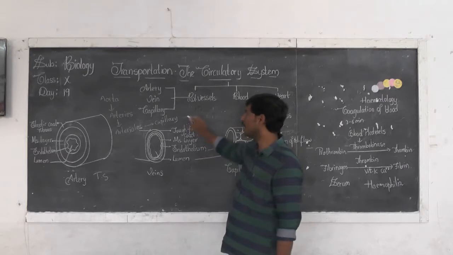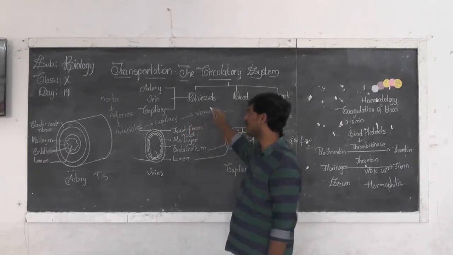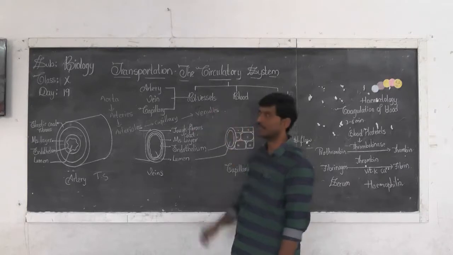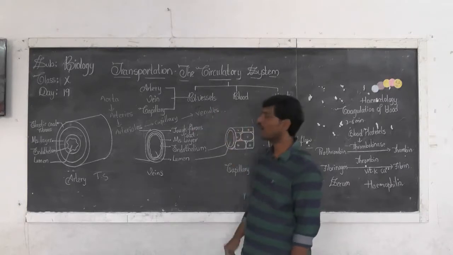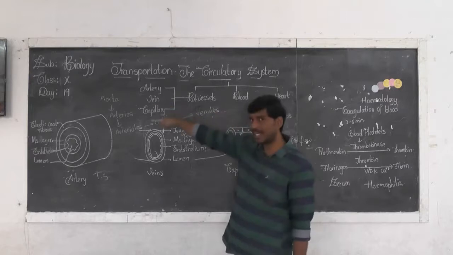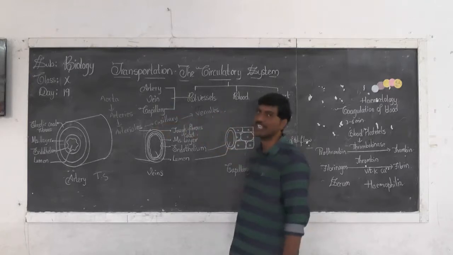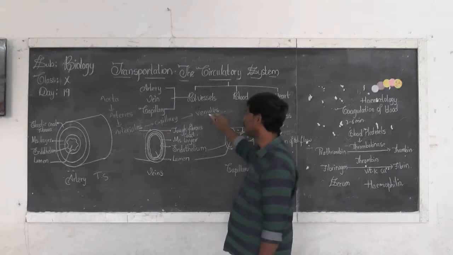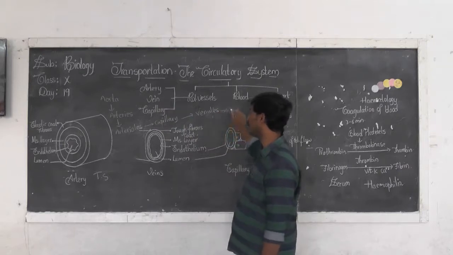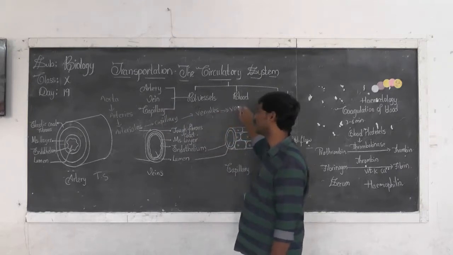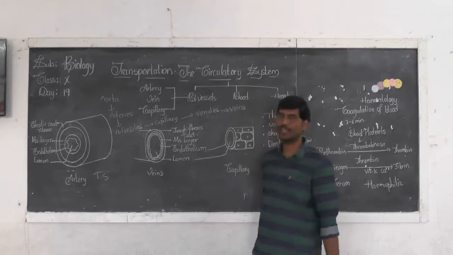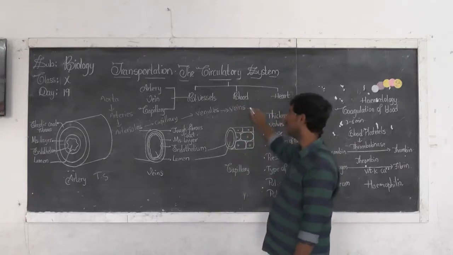From capillaries, the blood vessels called venules are present. Here they are dividing, here they are joining. Venules join together to form veins, and many veins join to form the vena cava.